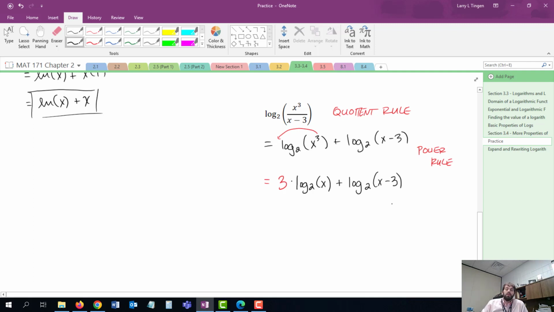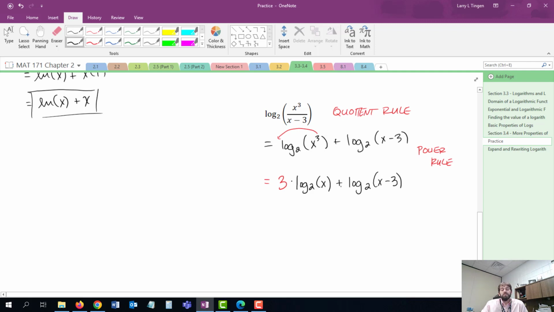Now, here is trouble. There is no multiplication, division, or powers left in the arguments. There is a subtraction, though, and this is where we have to remember our rules. Subtraction on the inside doesn't do anything for us. Multiplication on the inside turns into addition on the outside.